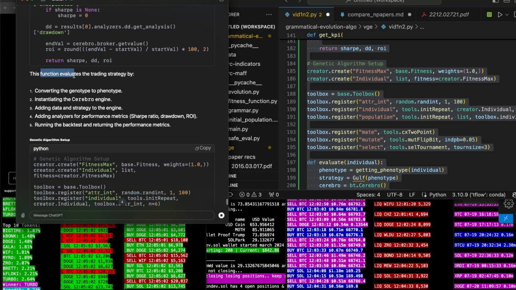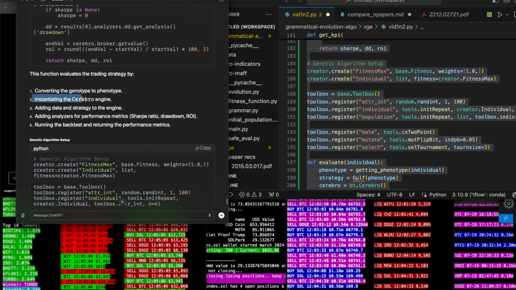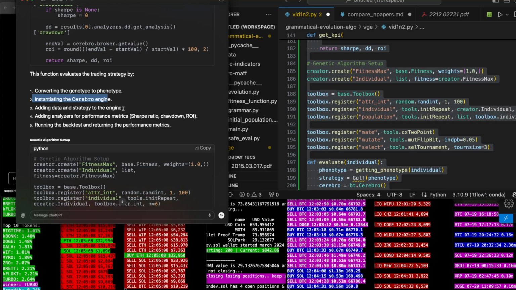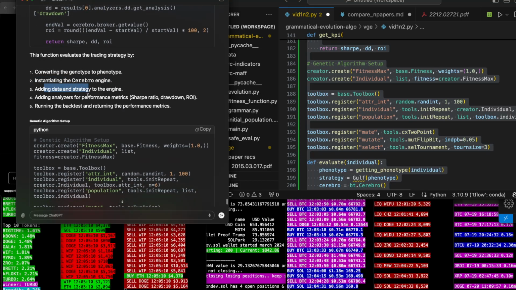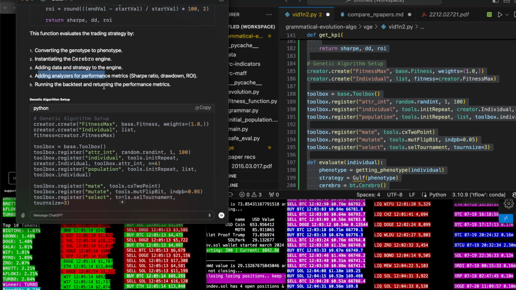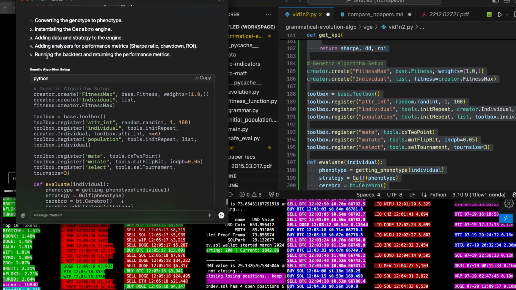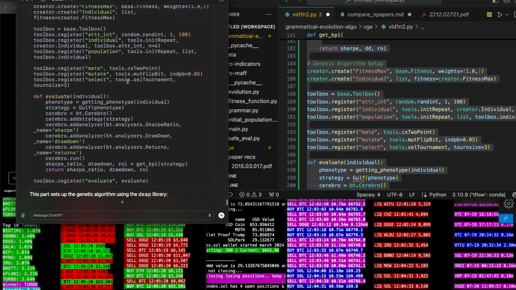So this function evaluates the trading strategy by converting the genotype to phenotype, instantiating the Cerebro engine, adding data and strategy to the engine, adding analyzers for performance metrics like Sharpe ratio and drawdown ROI, running the backtest and returning the performance metrics.